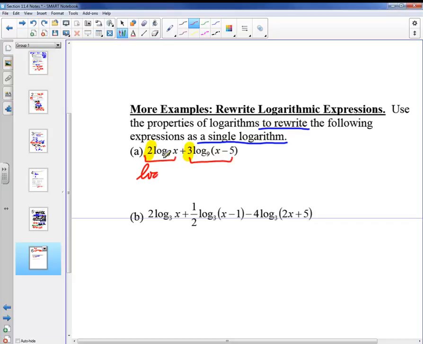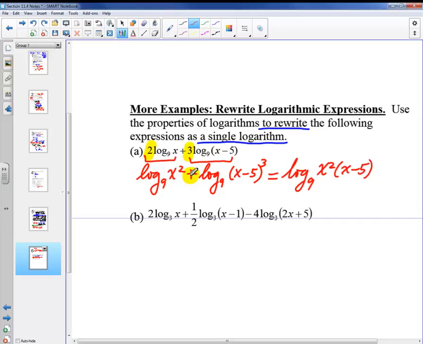So that would be log base 9 of x squared plus log base 9 of x minus 5 raised to the third. Then we take care of the addition, that's the next operation, and that becomes log base 9 of x squared times the x minus 5 cubed.